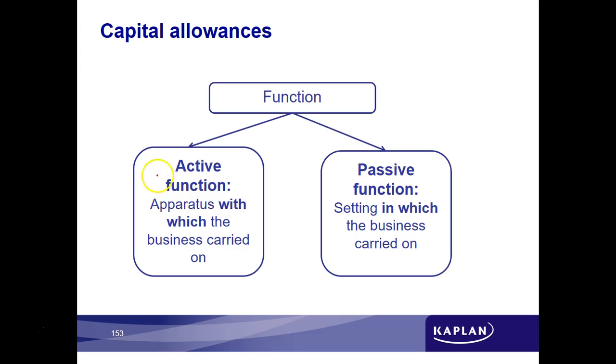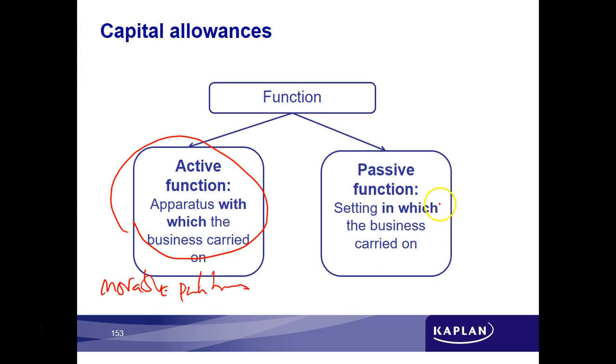So again, this idea, capital allowances, the machinery or the plant has to have an active function. You're using it within the business. It's working, if you like. It's moving, which is why those movable partitions pass the test. But if it's just sitting like a building, well, no, you can't. The government will not consider that as qualifying expenditure for capital allowances.